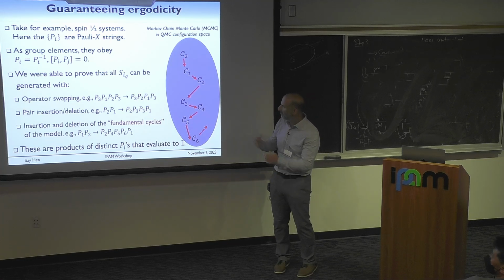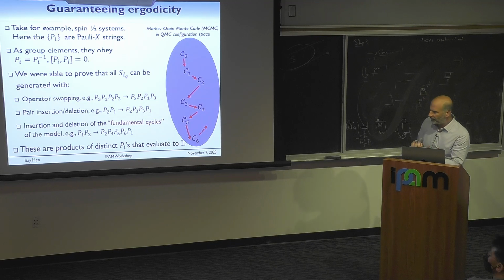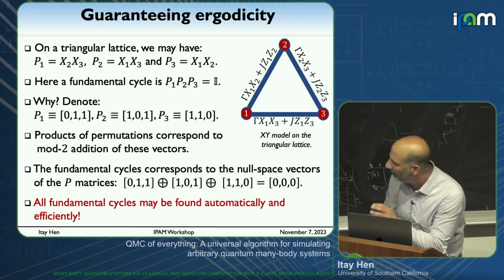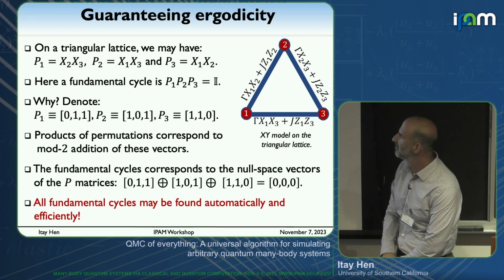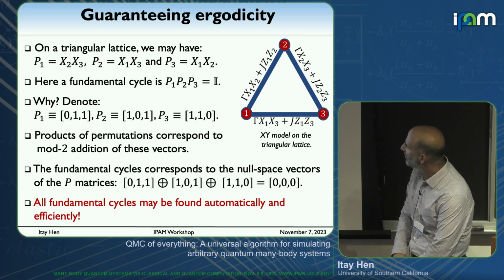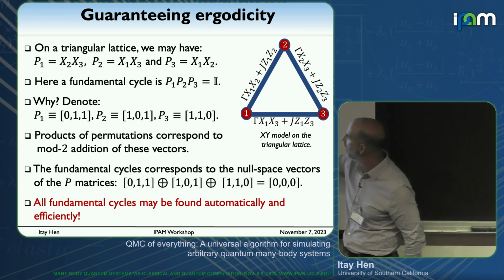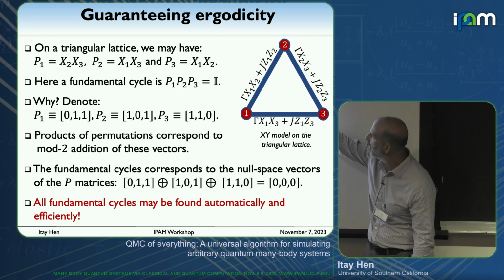And these fundamental cycles of the model, these are the group kind of, it's what we call the fundamental cycles of a graph. Let me give you an example. It's simplest if we had a triangular lattice with XX plus ZZ. Then the P's there will be X1 X2, X2 X3, and X1 X3.